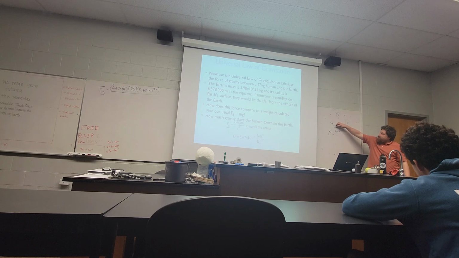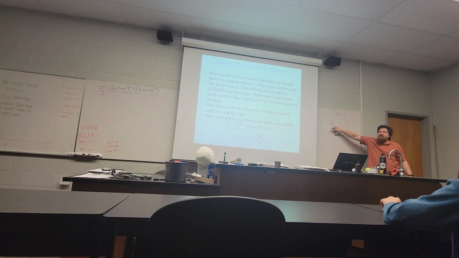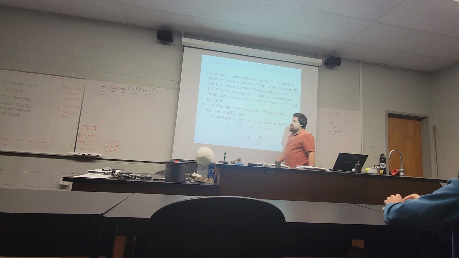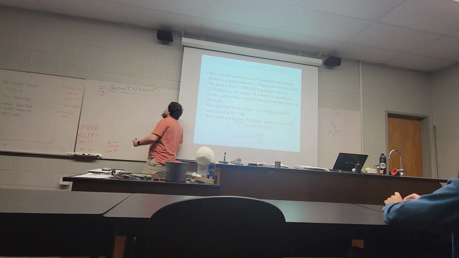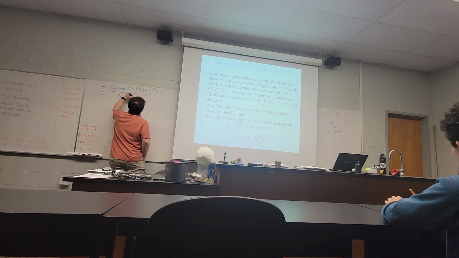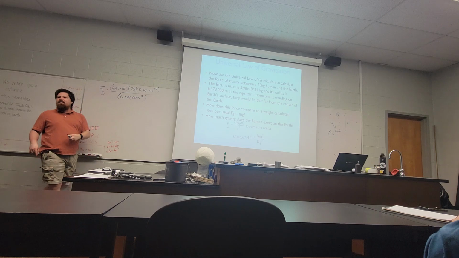If they're on Earth's surface, the distance between their center of mass and Earth's core is the radius of the planet, which is currently estimated to be 6,378,000 meters at the equator. And we're going to take that big old radius and square it.